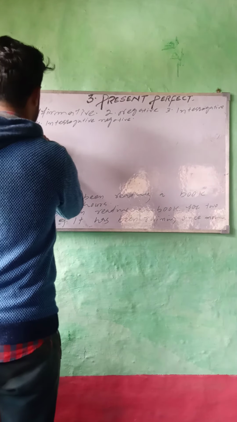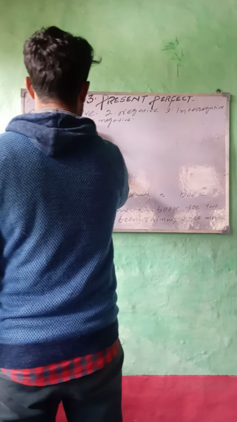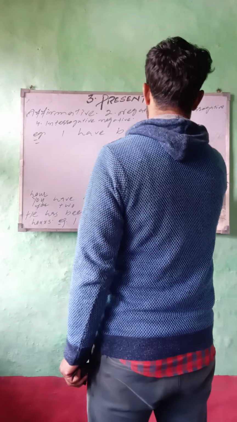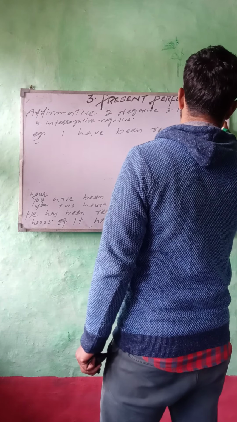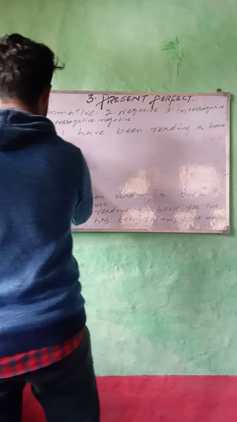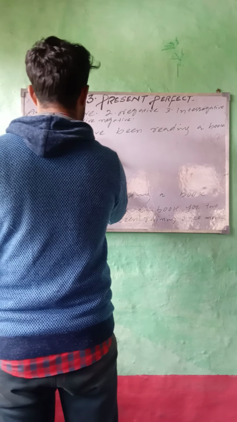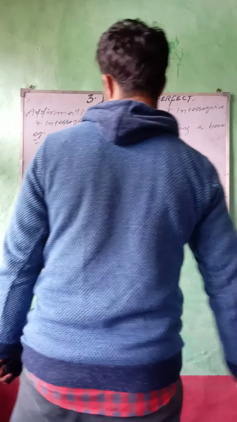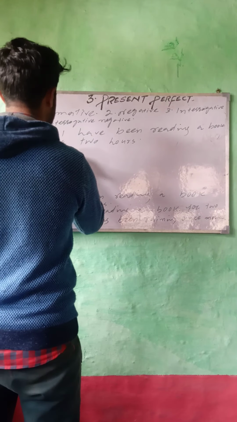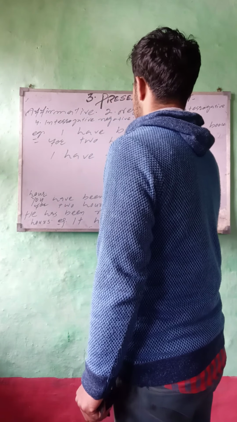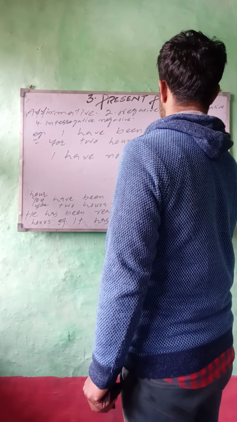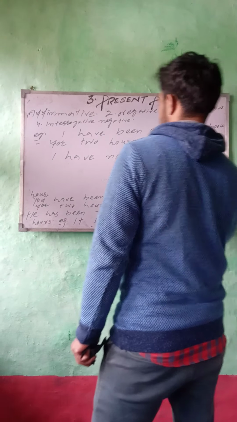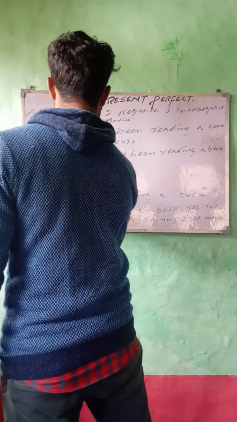Example: affirmative: I have been reading a book for 2 hours. Negative: I have not been reading a book for 2 hours.